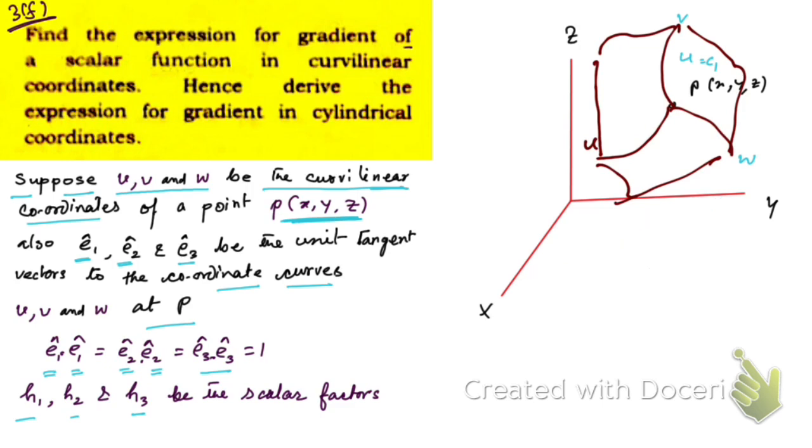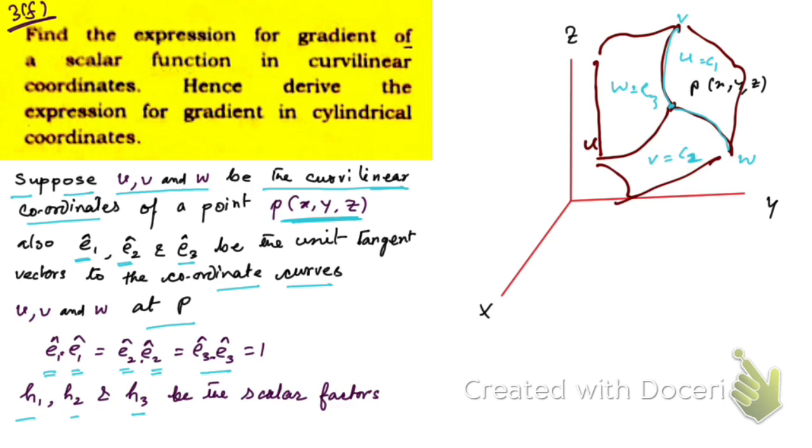Similarly here, if this curve is w and this is v, then this surface is u equal to some constant c1. Similarly, this one will be w equal to c3, and this is v equal to c2. These are the curves.